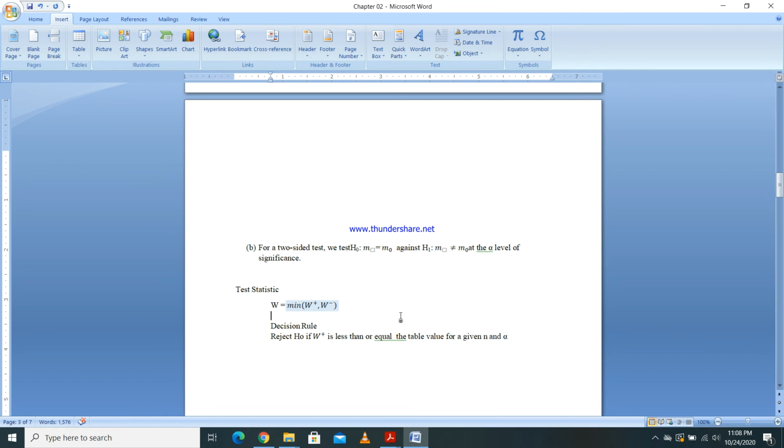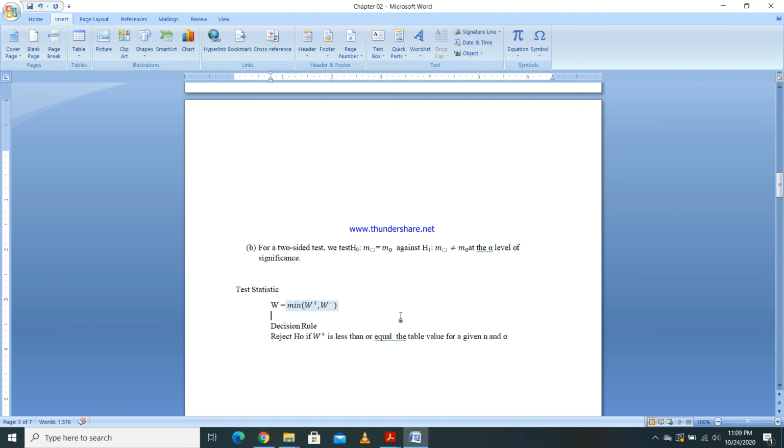W plus is the summation of the ranks of the positive differences, and W minus is the summation of the ranks of all negative differences. So when you observe W plus and W minus, you choose the minimum value as your test statistic.